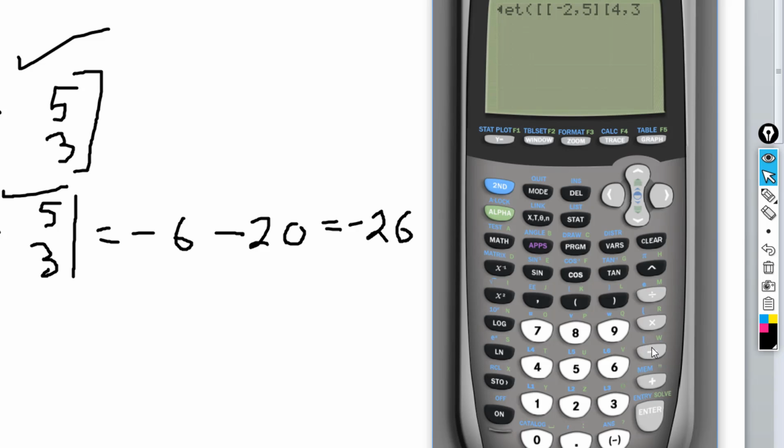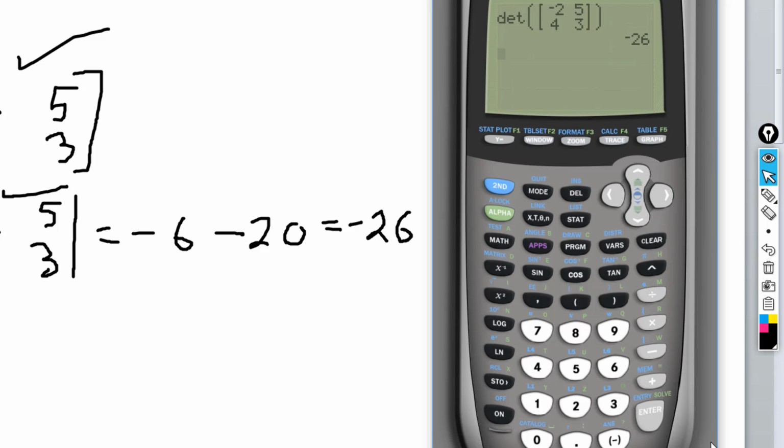I'm accessing the right bracket, and then that's all the rows. So again, a final right bracket to close the whole thing, and then parentheses, and then I hit enter, and there it is, negative 26.